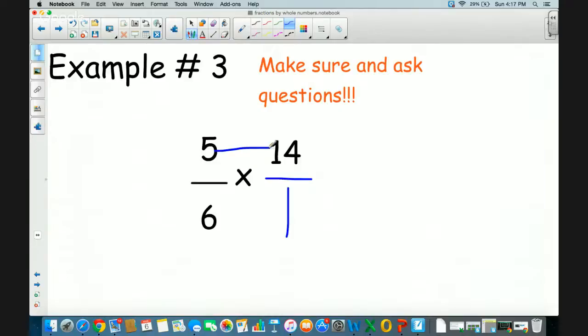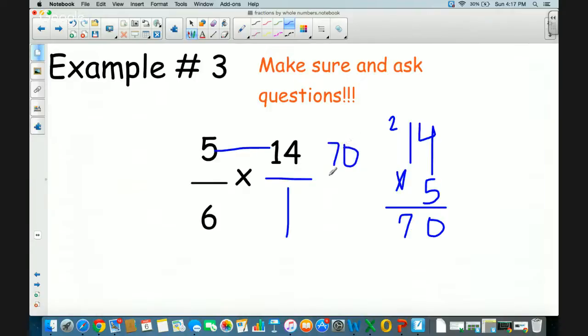So if you don't know what 14 times 5 is, hopefully I taught you something. Go over to the side of your paper and work it out. 5 times 4 is 20. 5 times 1 is 5 plus 2 is 7, so 70. So this is 70 over whatever 6 times 1 is, which equals 6.